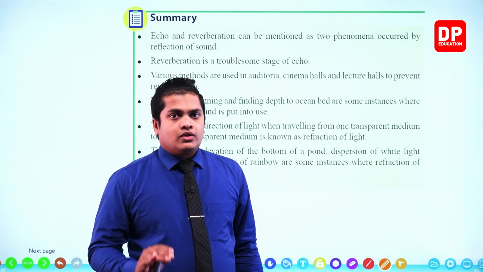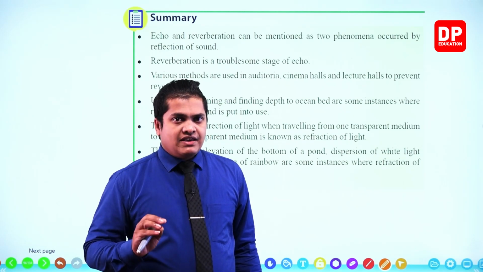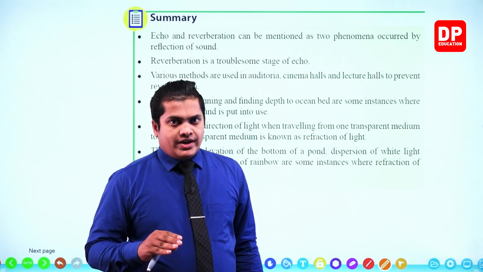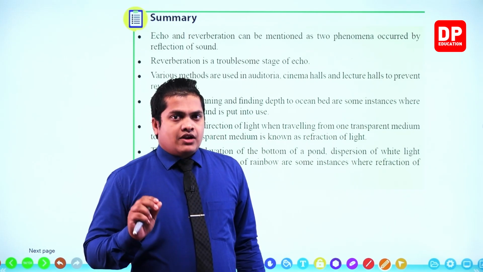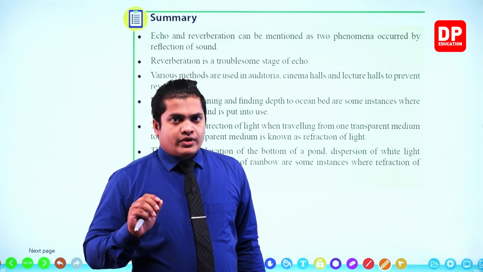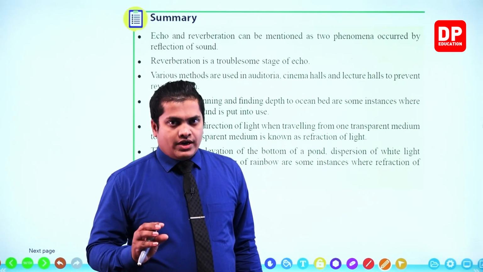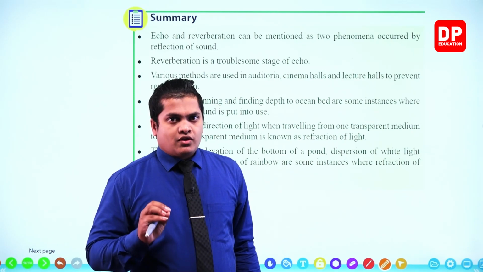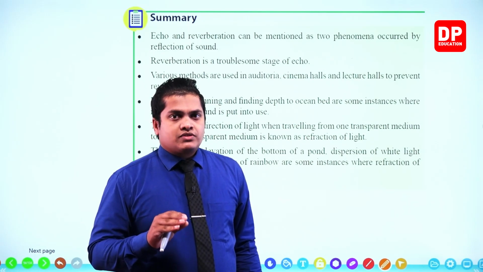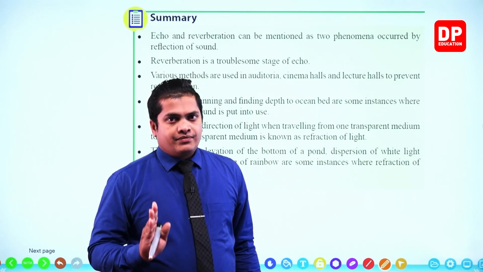So ultrasound waves have an even higher frequency than that. In ultrasound scanning, we use these waves to get a scan of an organ or to check the condition of a womb and the fetus, because ultrasound waves are less harmful than X-rays.